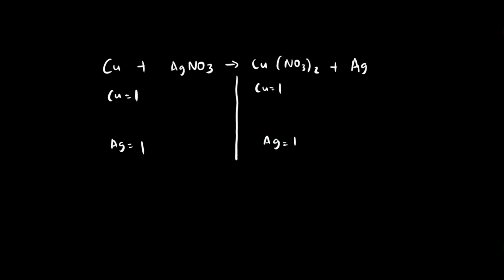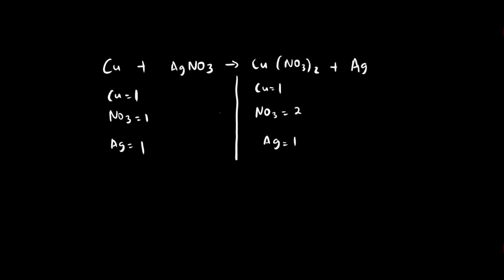And as for the nitrate, the NO3, it's easier to treat it as a unit because it makes balancing the equation much easier. So on the left hand side we have one nitrate, and on the right hand side we have two of the nitrate.